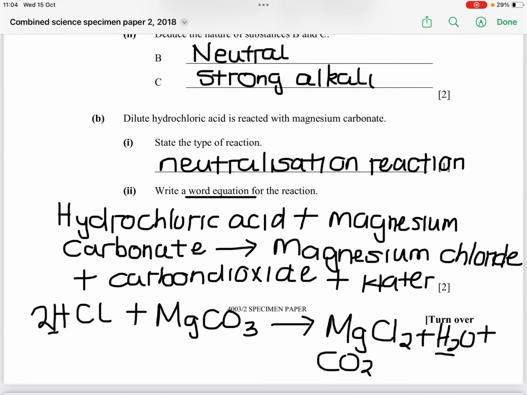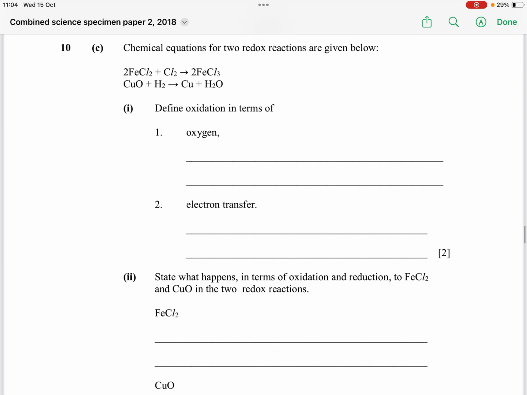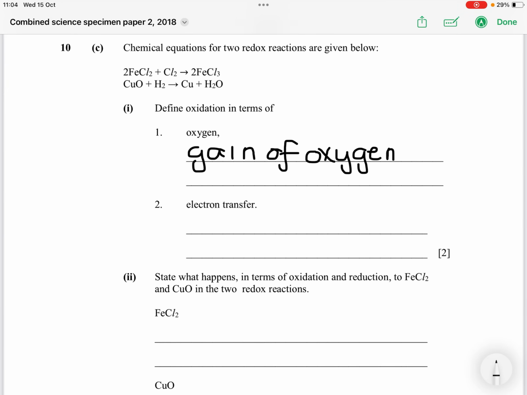We need now to proceed to number 10. So number 10, the chemical equations for 2 redox reactions are given below. Define oxidation in terms of oxygen. So in terms of oxygen, oxidation is the gain of oxygen.